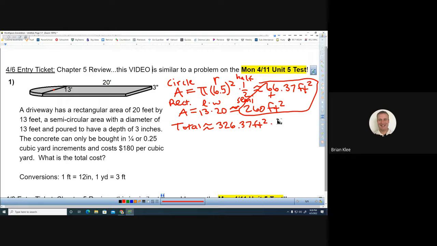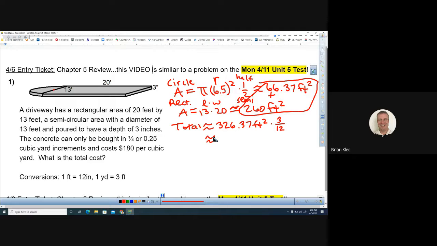I'm going to pour the concrete 3 inches deep. So I've got 3 inches over 12 feet. I'm pouring it to that depth, and the conversion between inches and feet is dividing by 12.